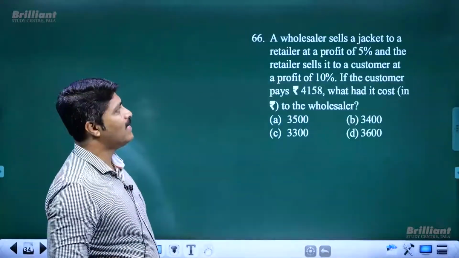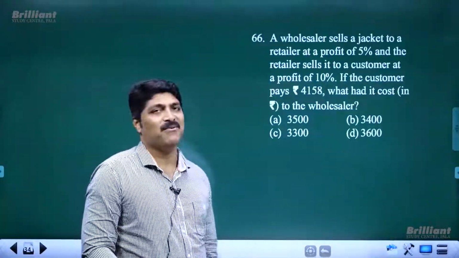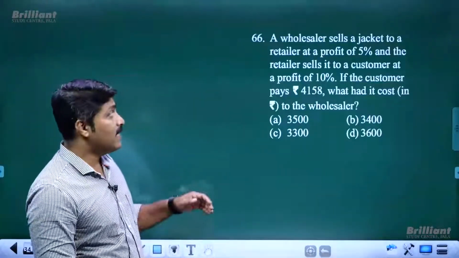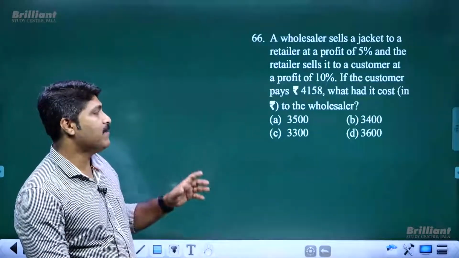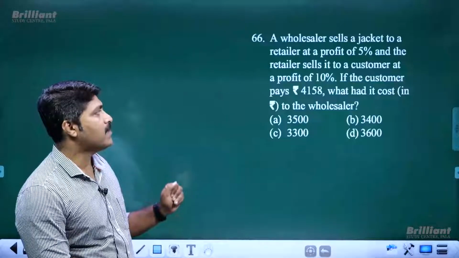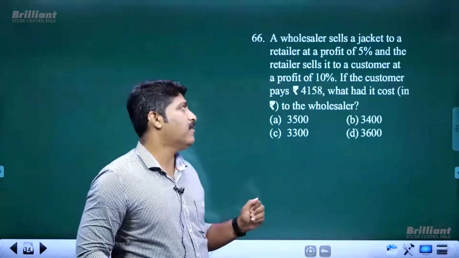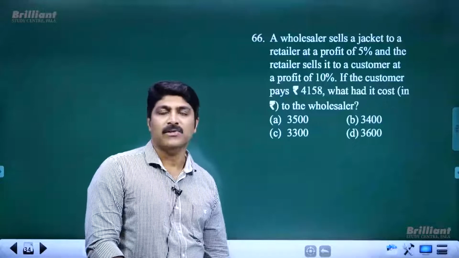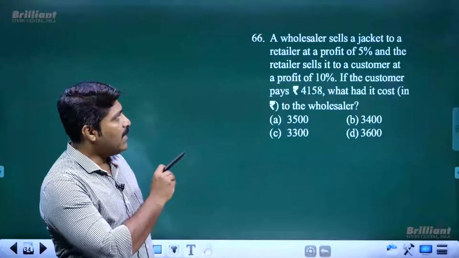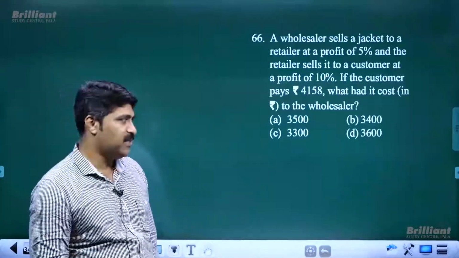A wholesaler sells a jacket to a retailer at a profit of 5%, and the retailer sells it to a customer at a profit of 10%. If the customer pays 4158, what had it cost to the wholesaler? It's a successive variation situation.